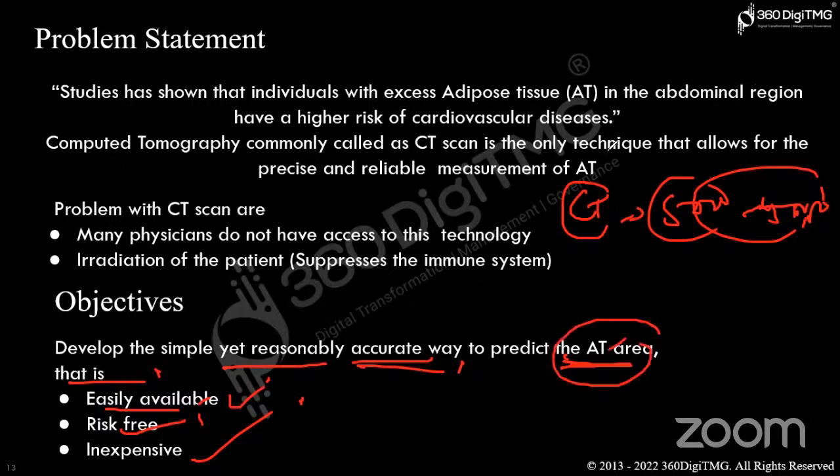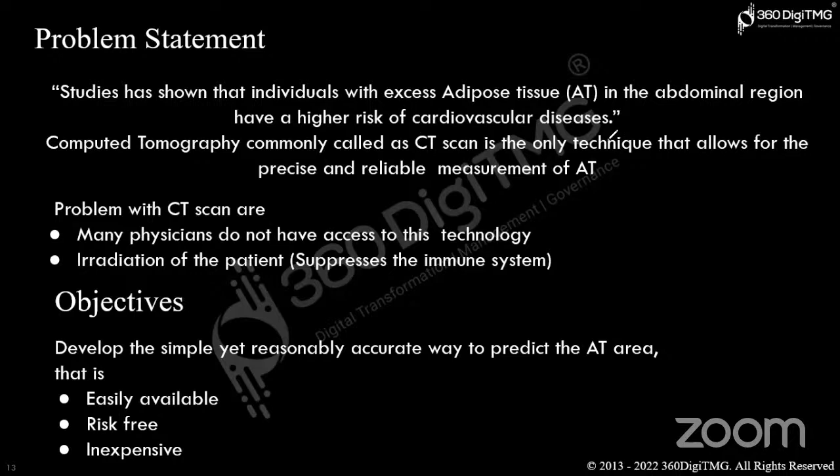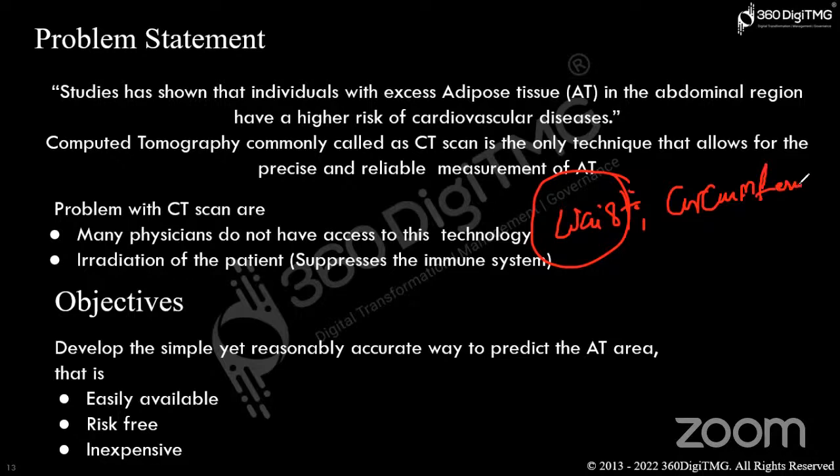This is where we are building a simple linear regression. In that, what are we taking? We are taking waist circumference as input and adipose tissue as output.